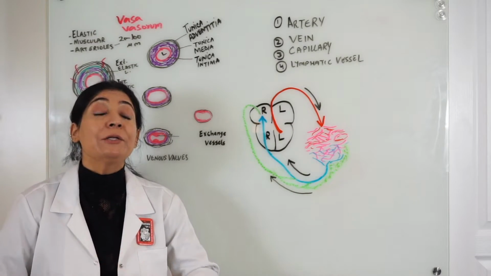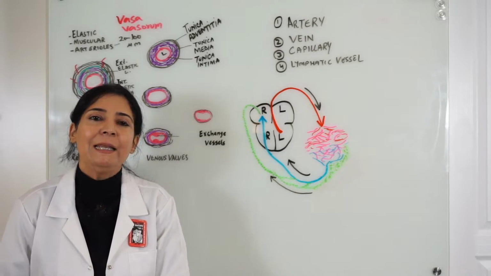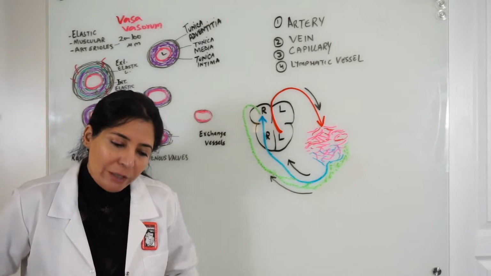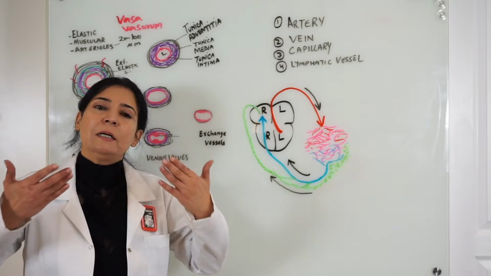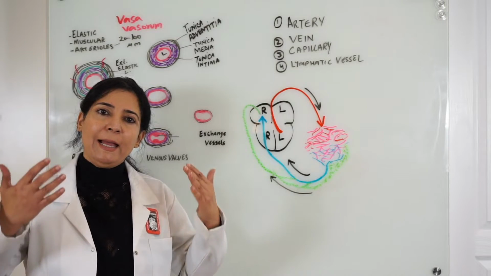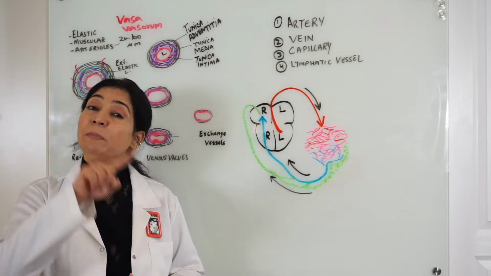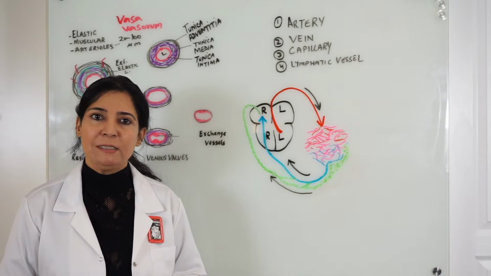So there is no retrograde flow of blood in large veins of the lower limb, right? They are constantly pushing blood up towards the heart, and preventing the backflow of blood is performed by the valves present in these veins.